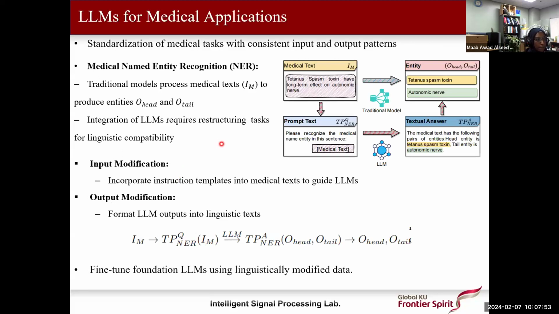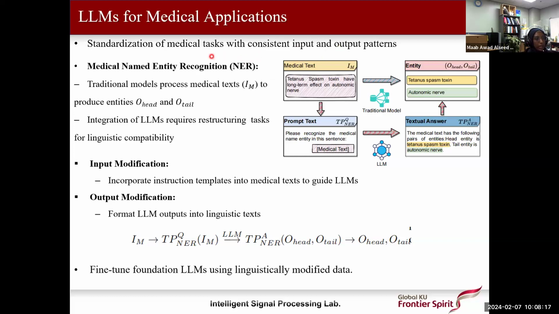Next, we will talk about how we can use the large language model for medical applications. Usually the medical task, or in general an NLP downstream task, has a consistent structure of input and output patterns.